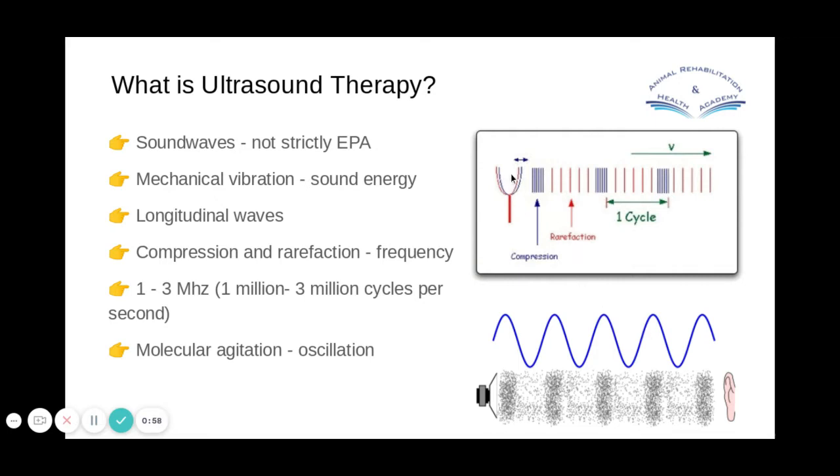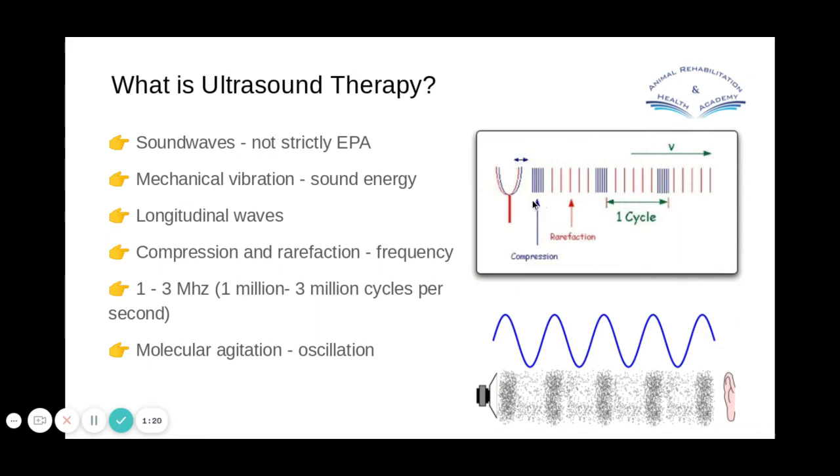If we look at this little image here, we can see that this tuning fork is sending out a sound wave, and it's traveling along in a straight line. Within a longitudinal wave, a sound wave, we get areas of compression and rarefaction.